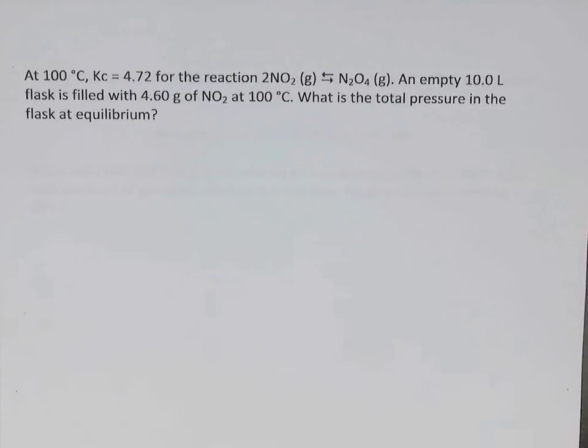We could use the Kc and an ice table with concentrations, because it's a Kc, and find out the concentrations of everything at equilibrium, then use the ideal gas law to find the pressures at equilibrium, and finally Dalton's law will give me the total pressure at equilibrium. So, in other words, use Kc and concentrations in the ice table, then convert to pressures.